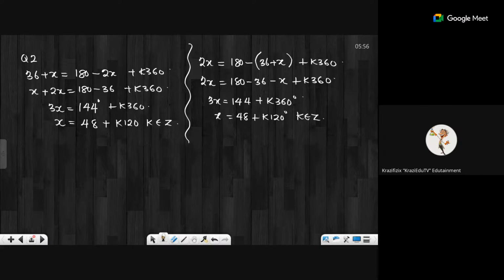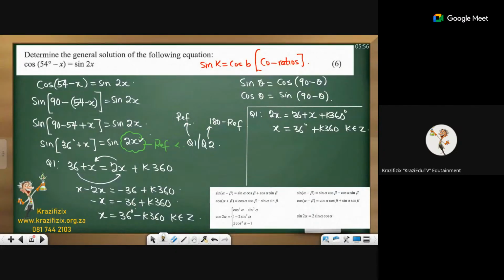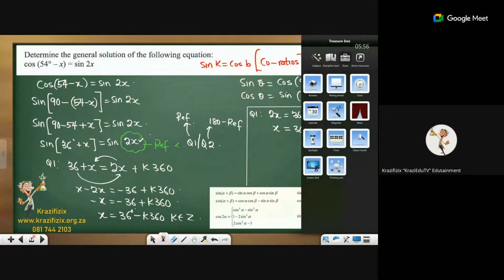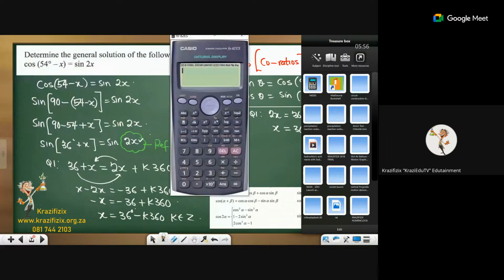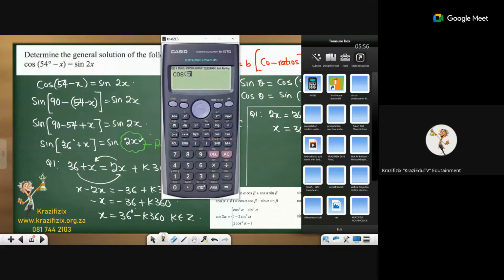Can we test quickly? Please don't be in a hurry to run through. Whatever you do in the paper, make sure it's well done. cos(54 minus 48), what are we getting? 0.99452. And then sin(2 times 48).